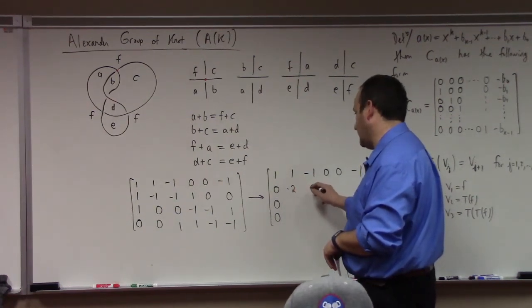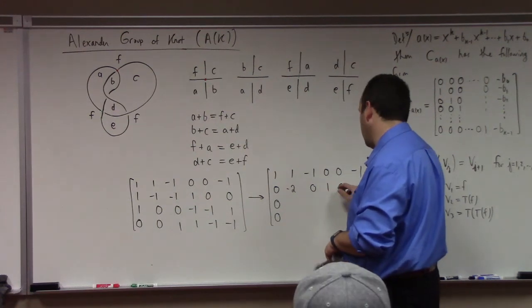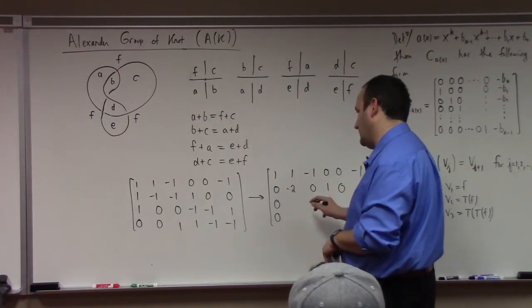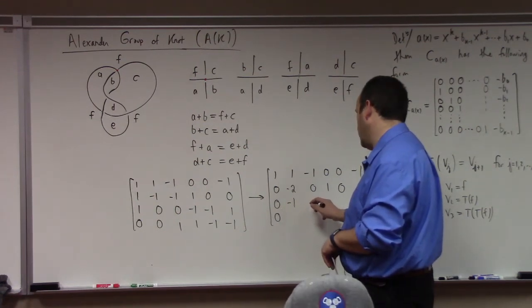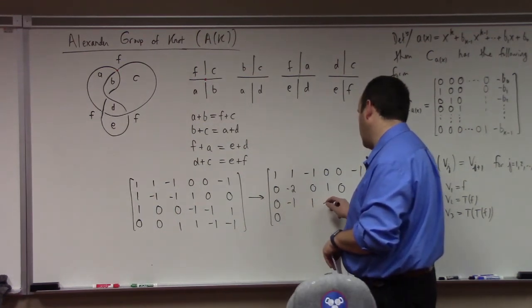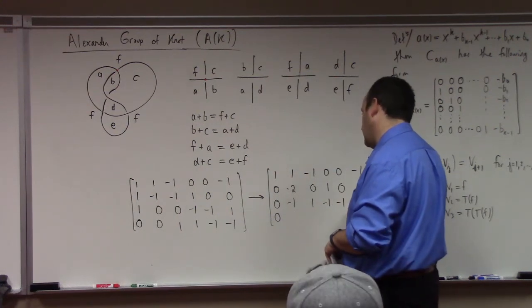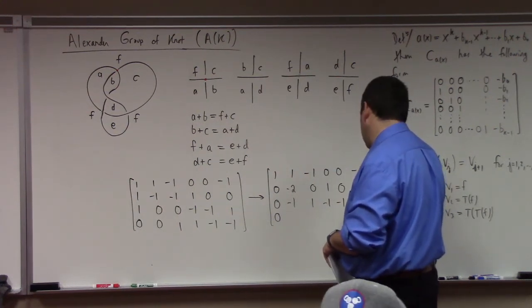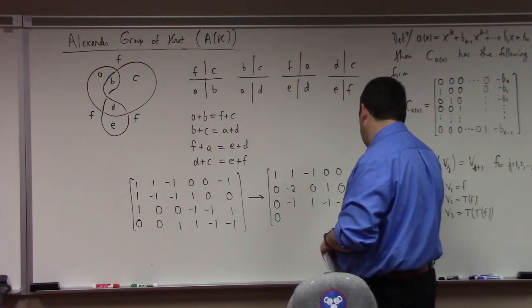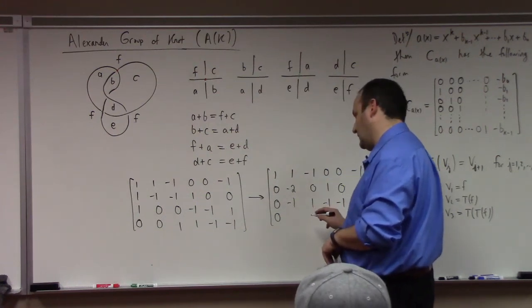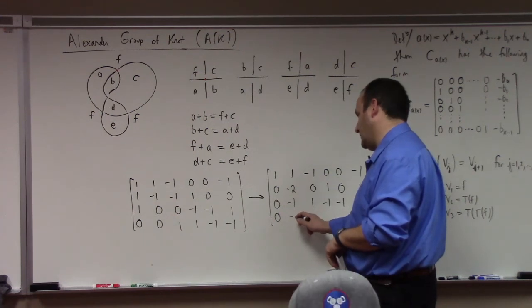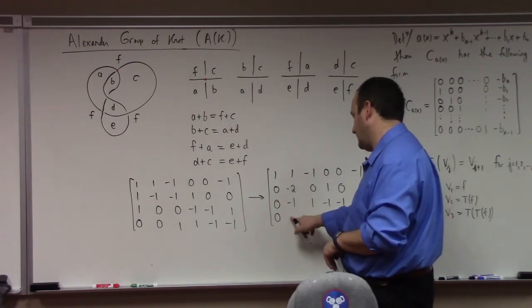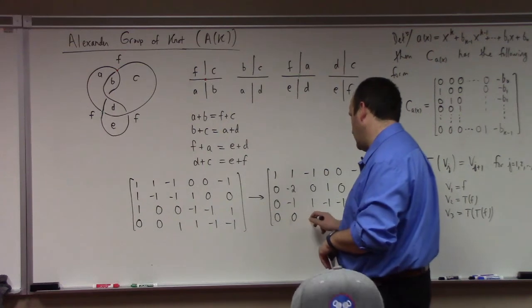Oh, minus 2, 0, 1, 0, I think 1. Minus 1, 1, minus 1, minus 1, 2, yeah? And the last row, 0. Oh, nothing to do there, right? The last row just stays unaltered.